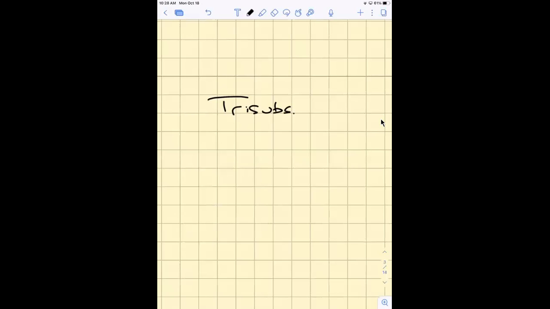So for trisubstituted alkenes, if I have a carbon double bond and I have three substituents on it, you don't use cis or trans to describe it. You use another type of nomenclature.